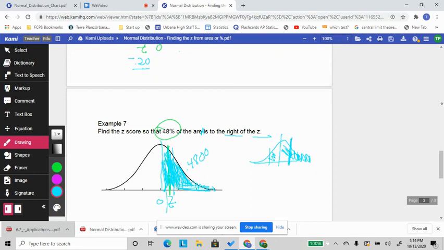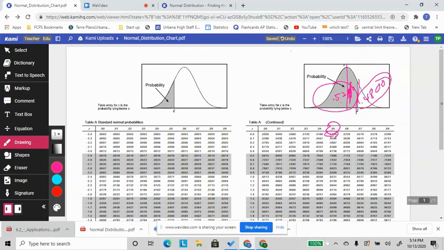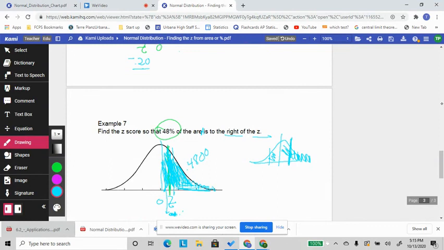It's almost there. It's a half. Is it 0.05? Yeah. So 0.05. Almost right at the mean.